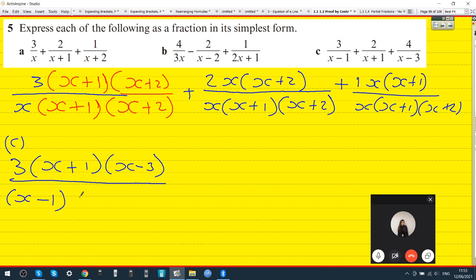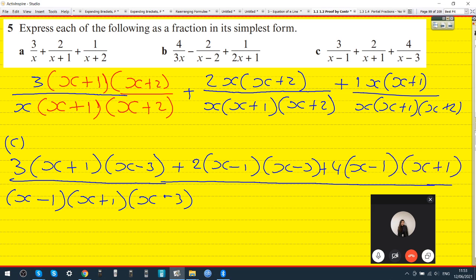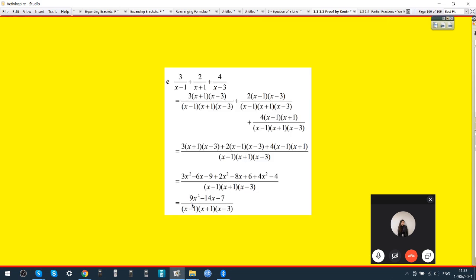What's the numerator for the middle one? 2 multiplied by x minus 1 multiplied by x minus 3. And top right? 4 multiplied by x minus 1 multiplied by x plus 1. Plus 1. And then you have to do a lot of expanding, a lot of simplifying, but it boils down in the end.